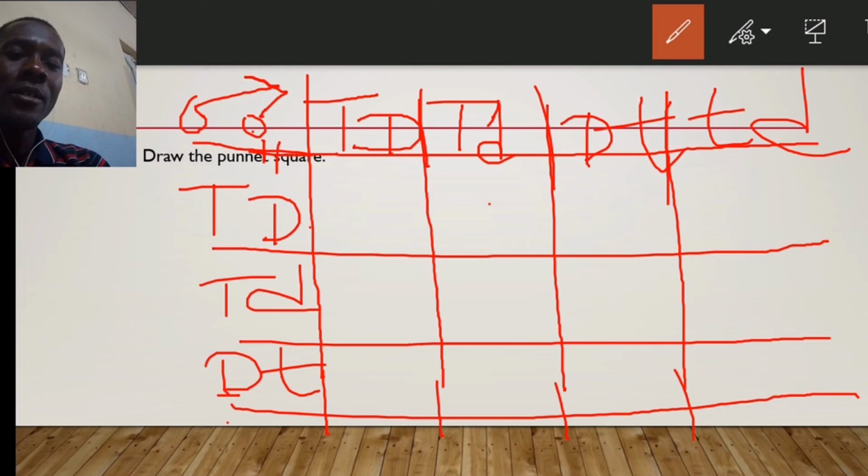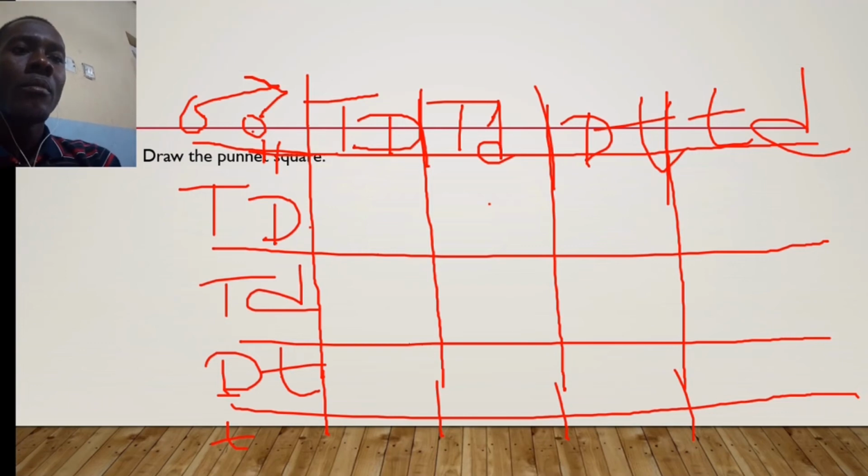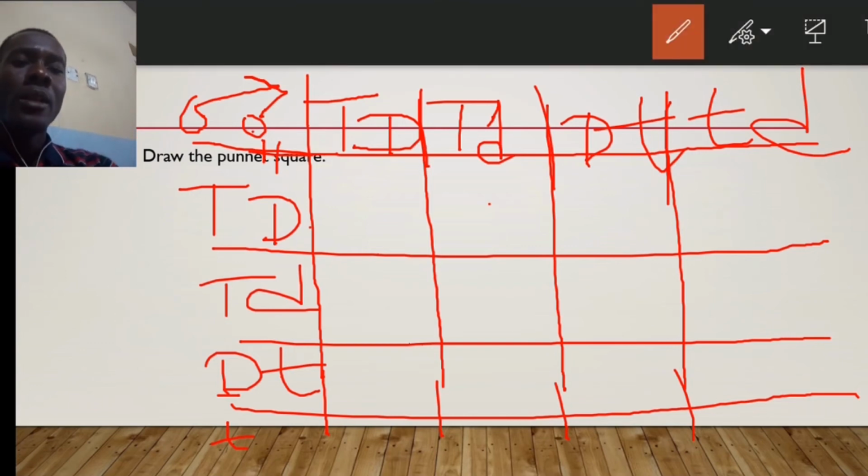And then the last one, you have it in this format. All right. So you have drawn your Punnett square and you've inserted the possible gene combinations.